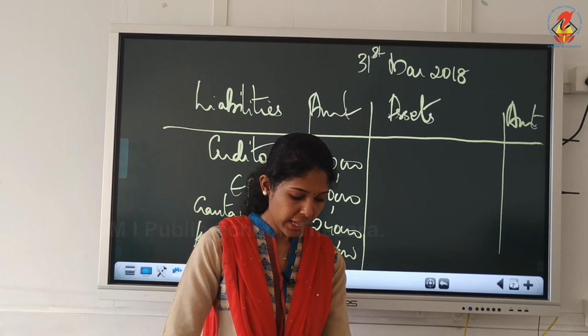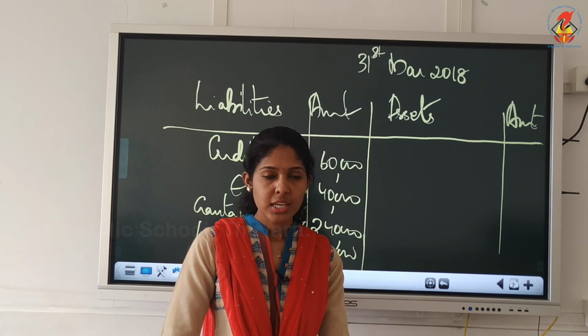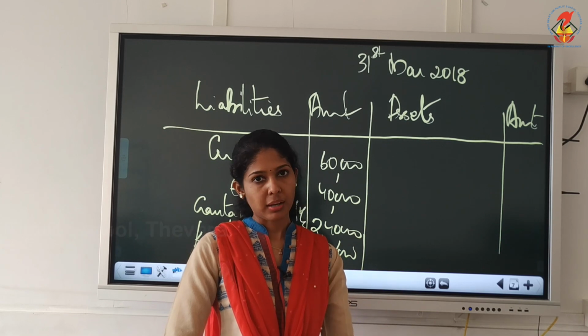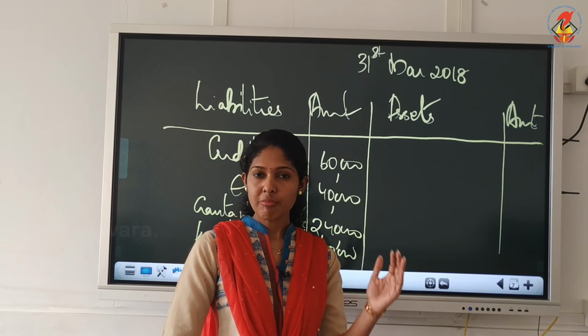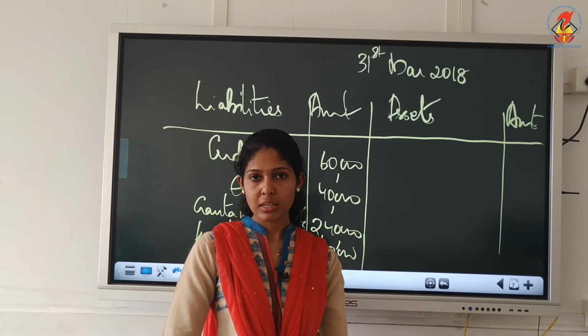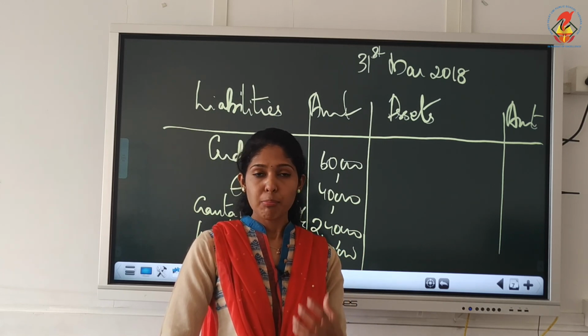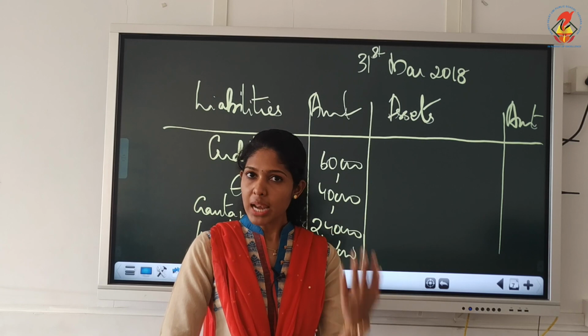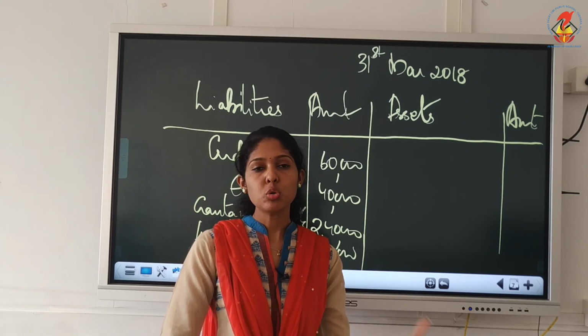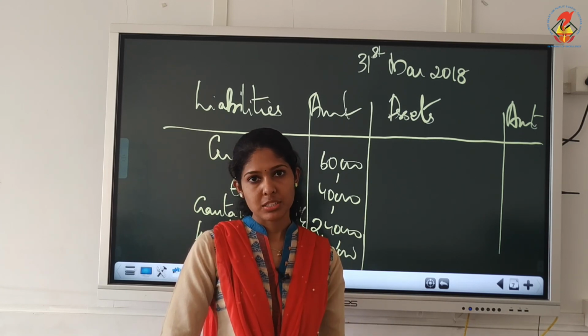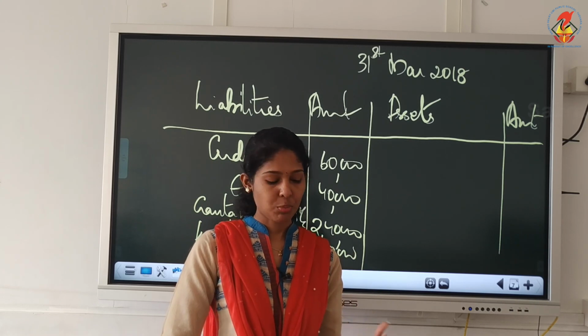Cash at bank 1,40,000 is given. Then when you look into your partner's capital account, there are some figures you have written like to bank, then by bank. So all these have to be adjusted. By bank figure, you will add with this 1,40,000, and to bank figure you will deduct, like we discussed in the previous question.